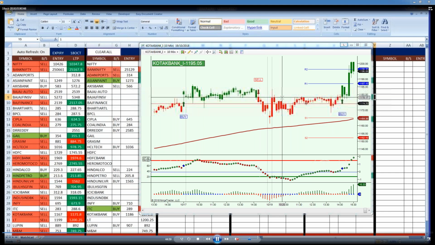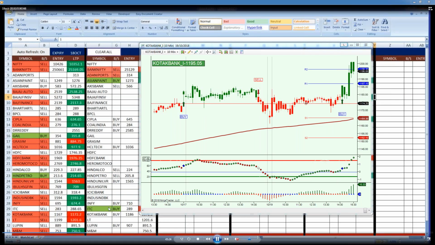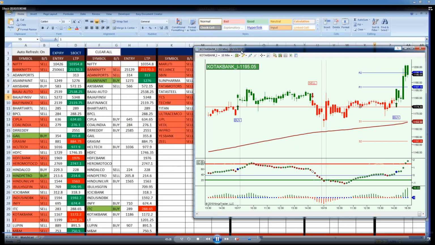I said exit this particular trade and then enter again at 1186, not 1186, 1178 or something like that. Okay, it will be here. I'll just show you. So at 1186, I asked him to enter again, and it went up to 1200.